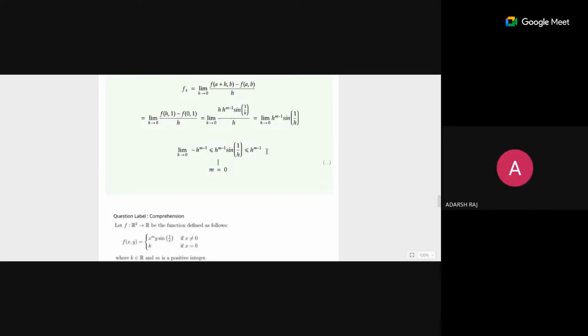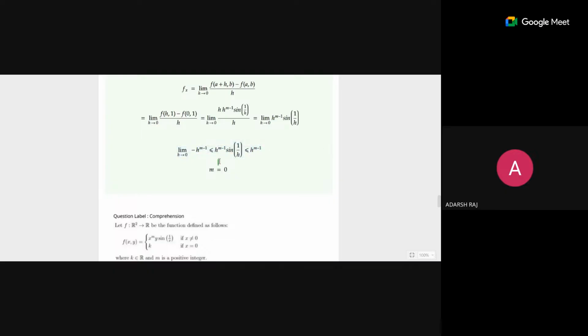Now, if s tends to 0, when the limit of this function exists, if you take the value of m equal to 0, what do we get? h to the power 1 by h, minus 1 by h.